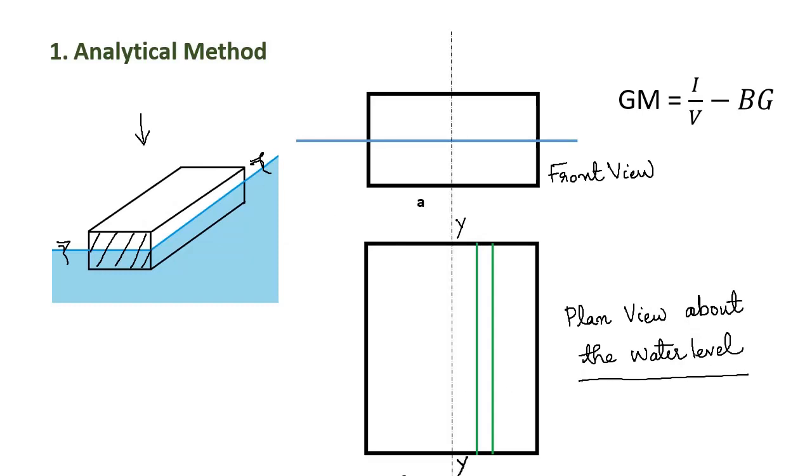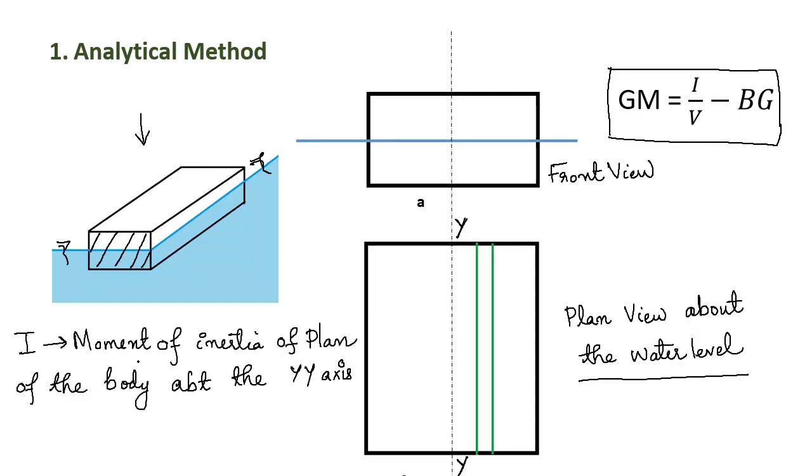This is the YY axis. The metacentric height GM is given by the equation GM = I/V - BG. Here I represents the moment of inertia of the plan of the floating body about the YY axis.